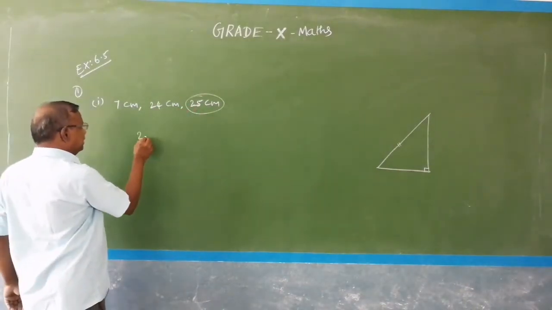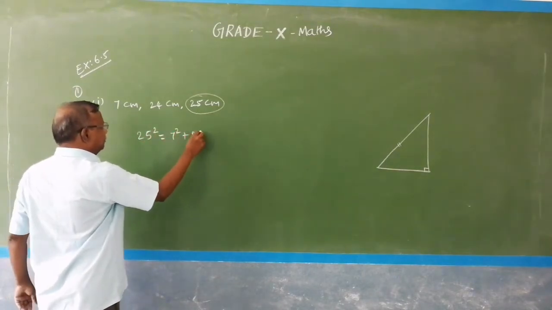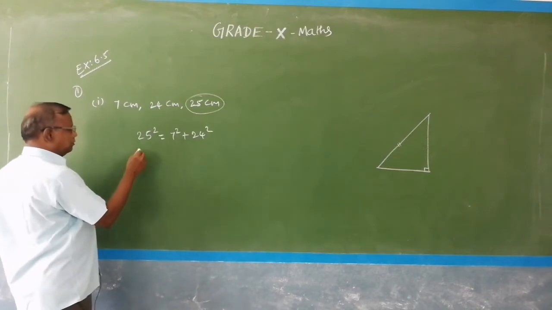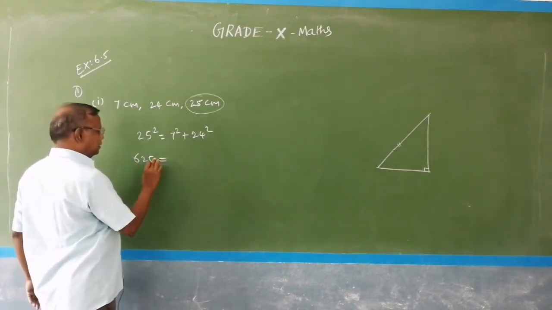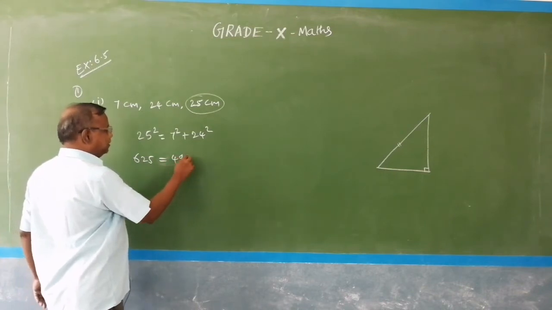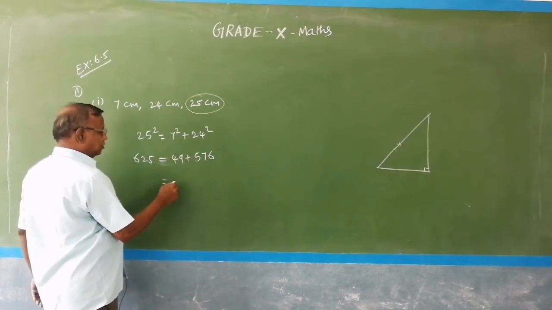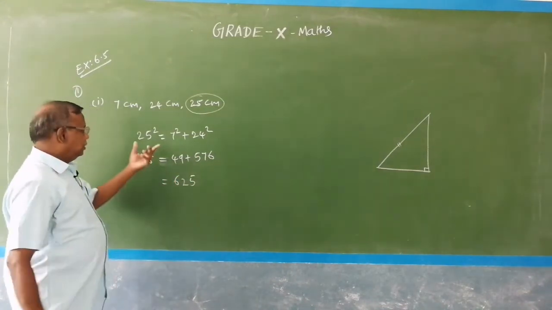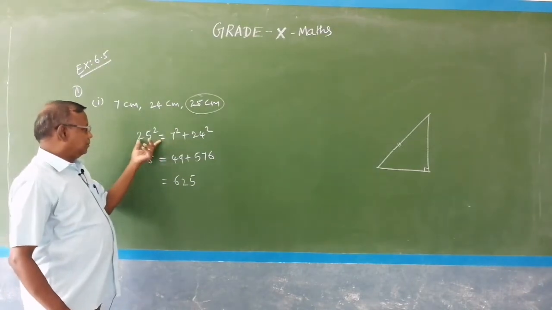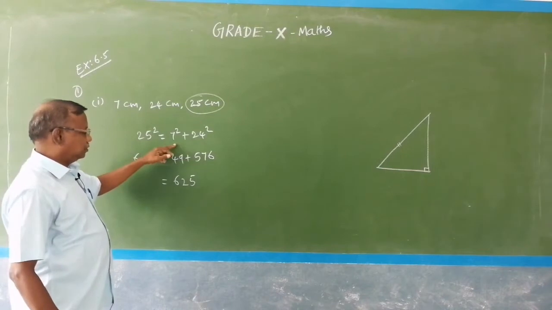Let us verify: 25 square equals 7 square plus 24 square. 25 square is 625, 7 square is 49, 24 square is 576. Adding these two gives 625 only. It obeys the Pythagoras rule.